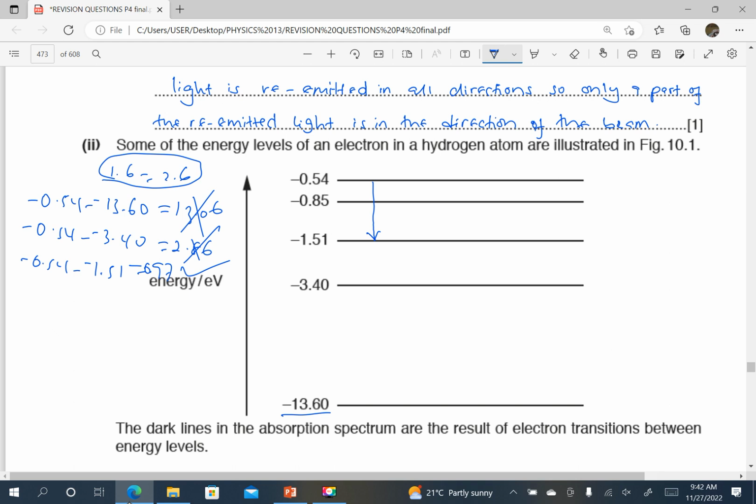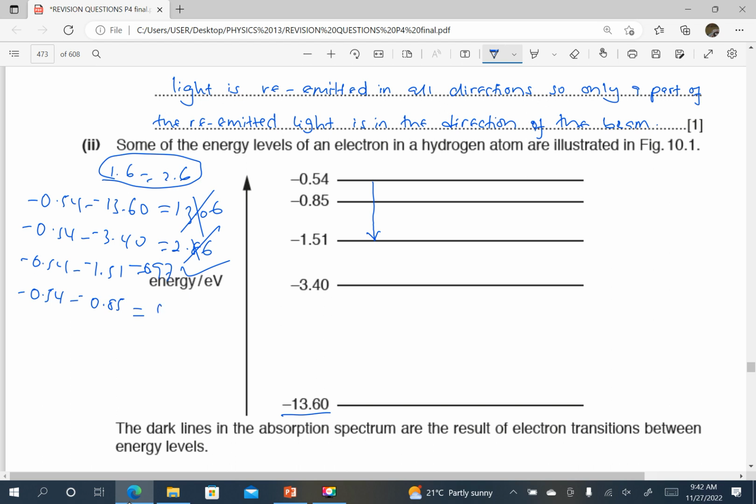I can check negative 0.54 minus negative 0.85. Negative 0.54 minus negative 0.85.